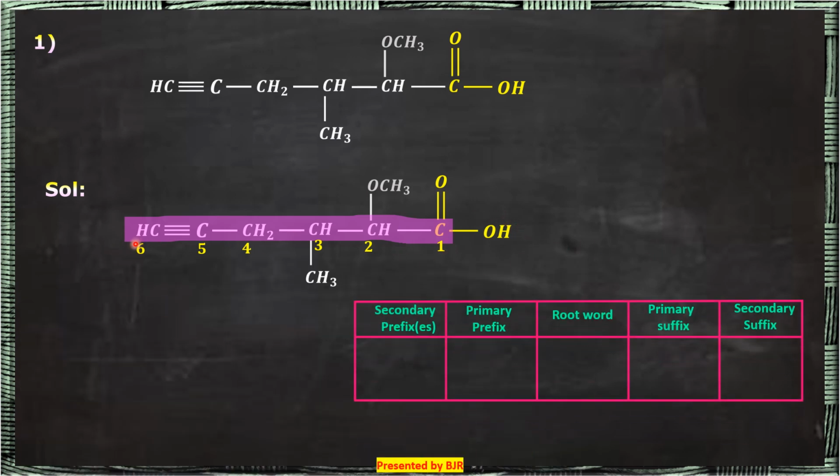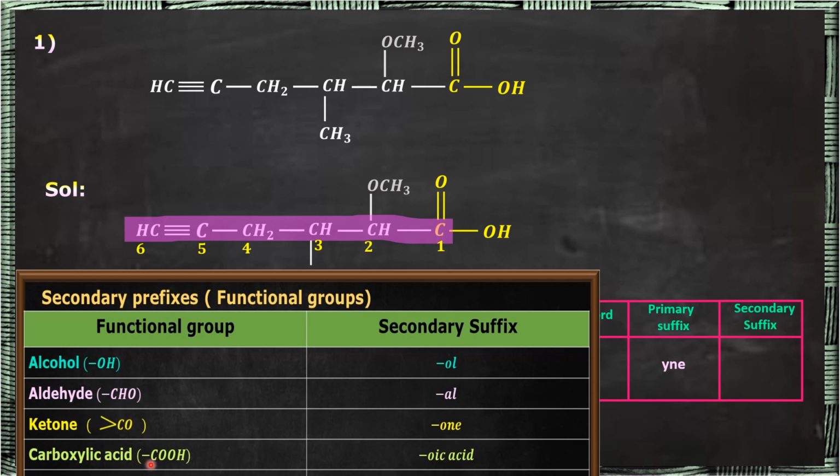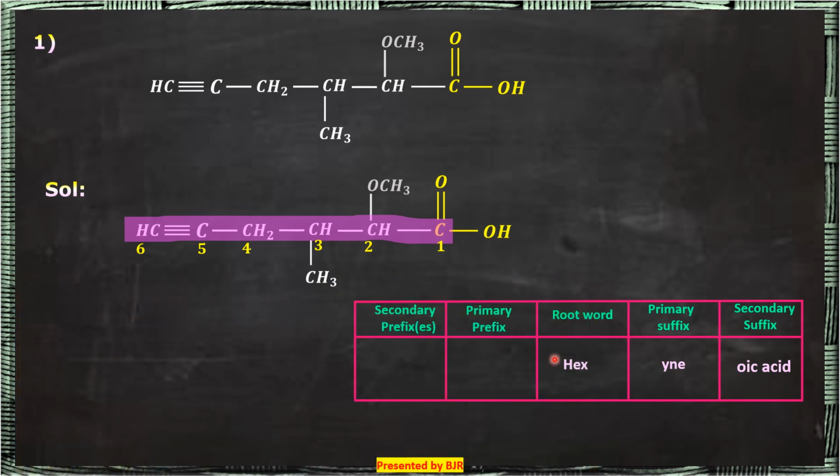There are 6 carbon atoms in this parent chain, so the root word is hex. Primary suffix triple bond is there, so it is ine. Secondary suffix you can see here for carboxylic acids, the secondary suffix is oic acid, and there are 2 substituents or secondary prefixes, methoxy and methyl.